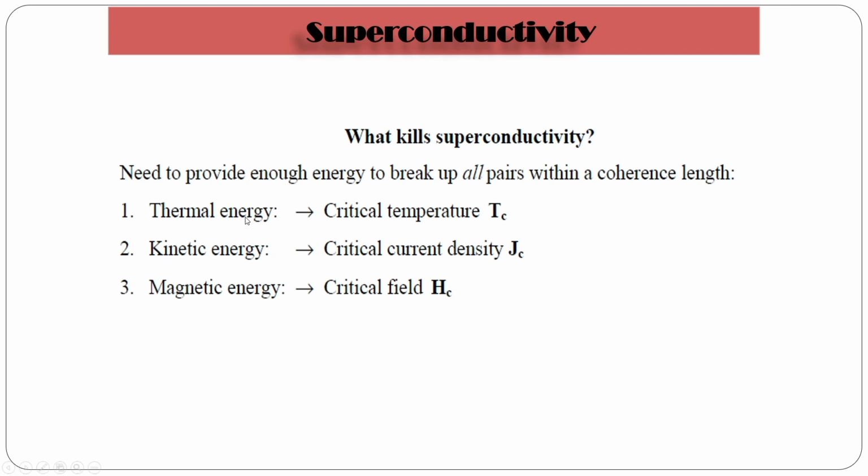It can be done using thermal energy, where there is a critical temperature Tc, or you can pass a current in the system. If the current exceeds some critical current density Jc, then superconductivity will be destroyed. Superconductivity can also be destroyed by using a critical magnetic field Hc.